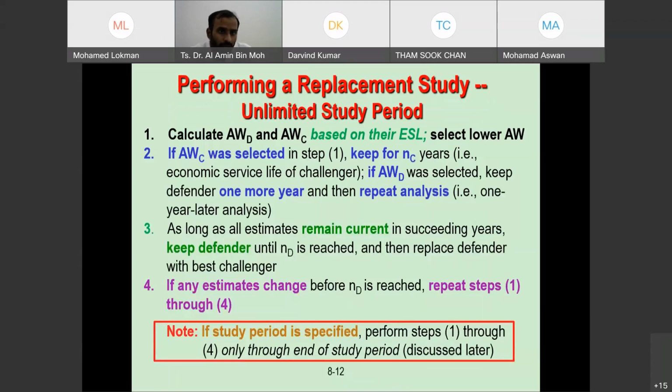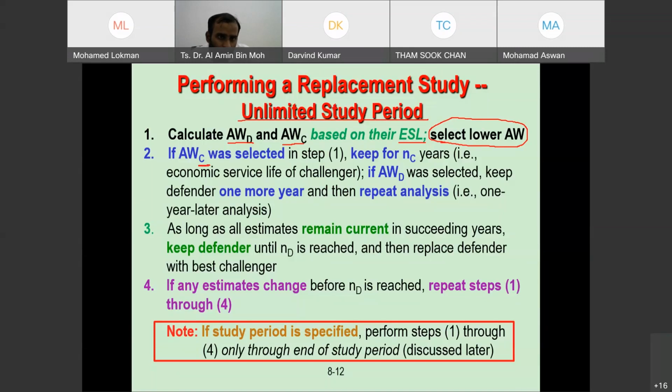Okay, so performing a replacement study for an unlimited study period. We will need to calculate the AW, annual worth, of the defender and annual worth of the challenger based on their ESL. Then we are going to select the lower annual worth. So let's say after the analysis, you found out that the challenger was selected.